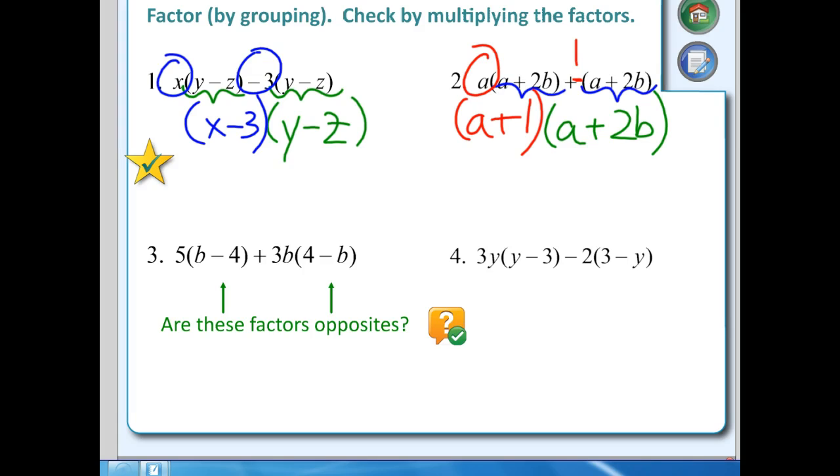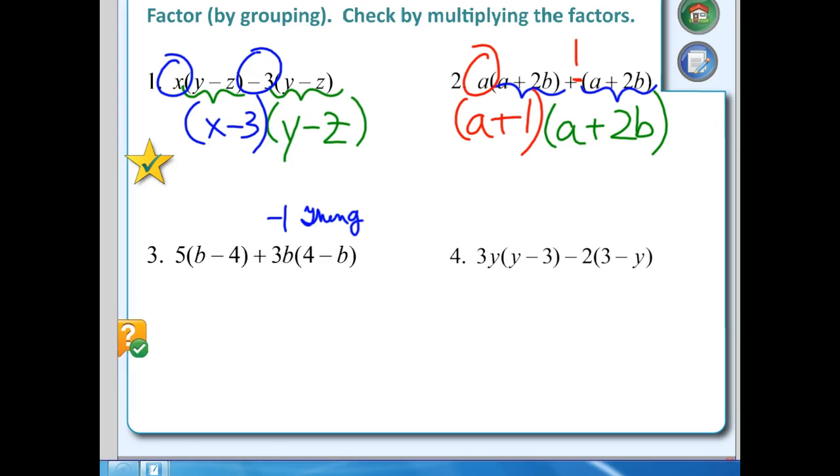And how I make these opposites, or what's inside the parentheses, to be the same, I need to multiply this by -1. Now, Mrs. Burton likes to call it that -1 thing, but if I multiply this second parenthesis here by -1, what are we going to get?